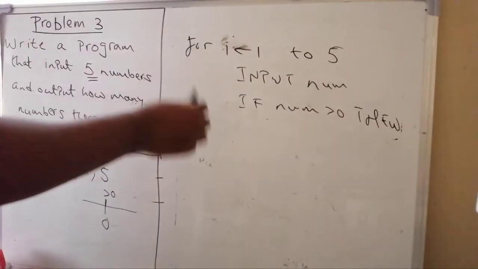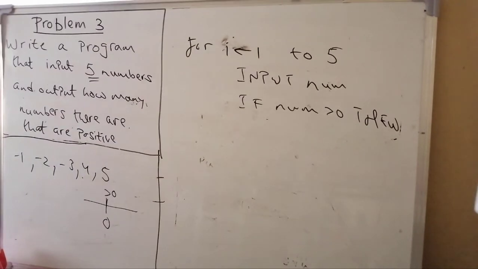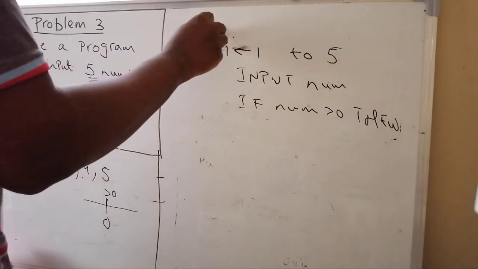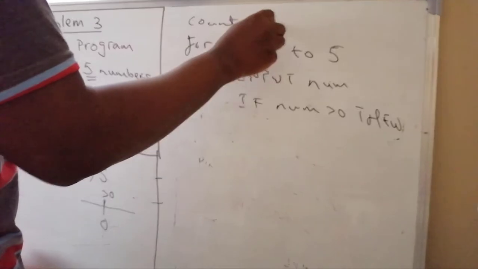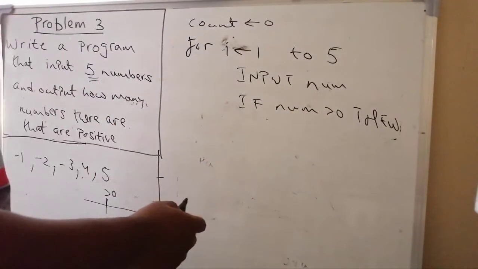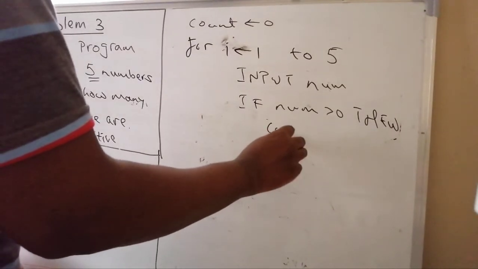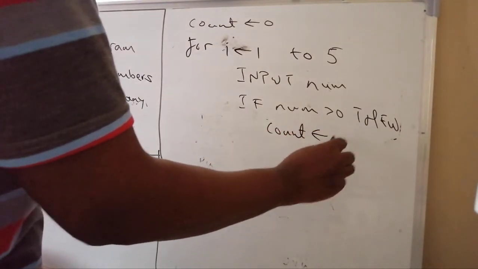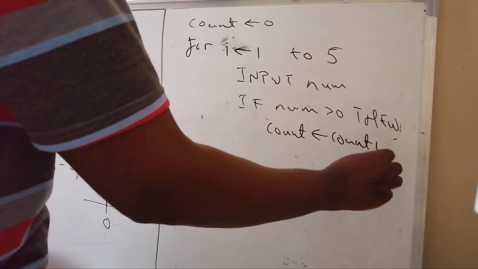Okay, so let's take a look now. In order to find out how many of these numbers are positive, we need a count variable, and most of the count variables, they start with 0. So if the number is greater than 0, therefore it is positive, we can just do a counting. Count is equal to count plus 1.